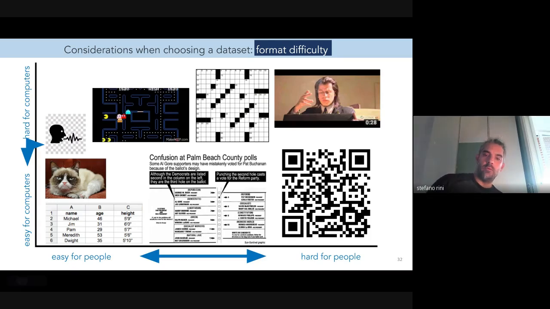Then we can move on the axis to what is the hardest thing for people to deal with and what is easy for computers to deal with. Of course, if you think about a QR code, you cannot read the menu at the restaurant by just looking at the QR code. Of course, you need your phone to do so, because humans cannot work with QR codes. And generally, there was an understanding of what type of things are hard for computers to work with.